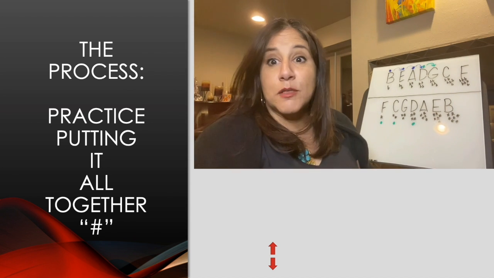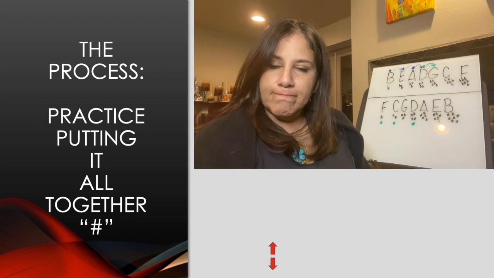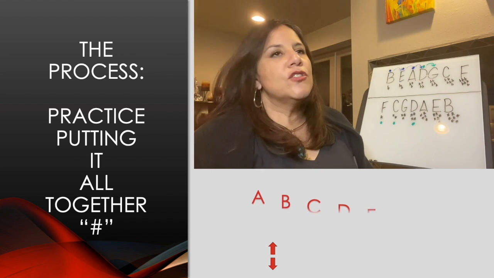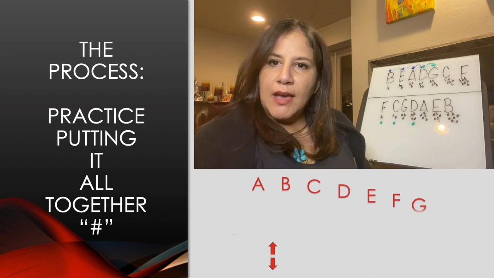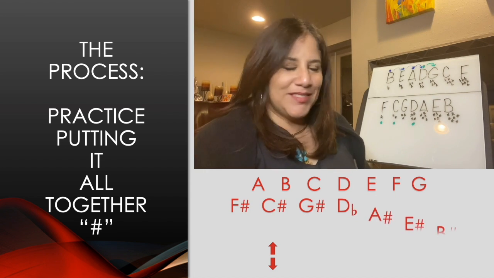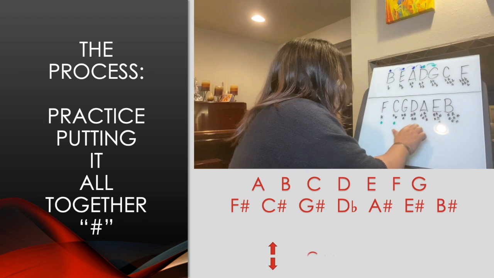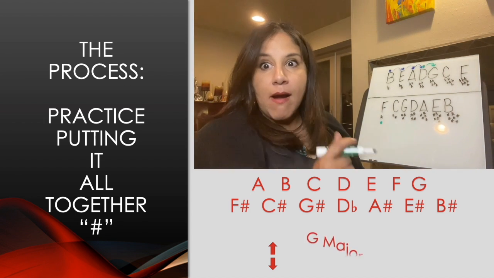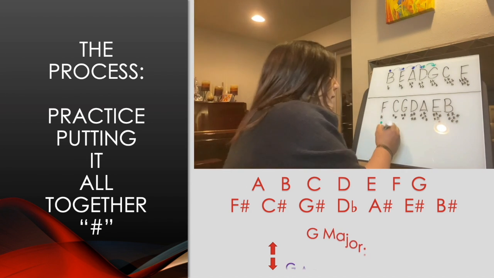So now let's practice building a couple of sharp scales. We'll start with a G major scale. So what letter comes before G in the alphabet? Yes, it's F. So you know you only have one sharp, and that's F sharp. So now let's go through our alphabet starting on G, because that's our scale.